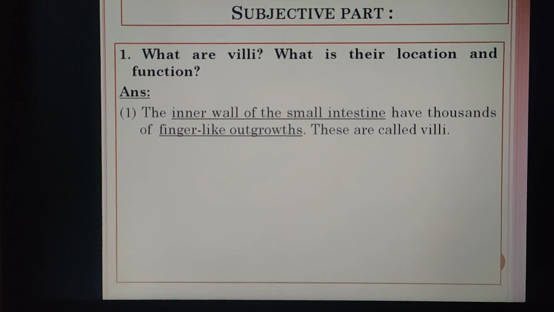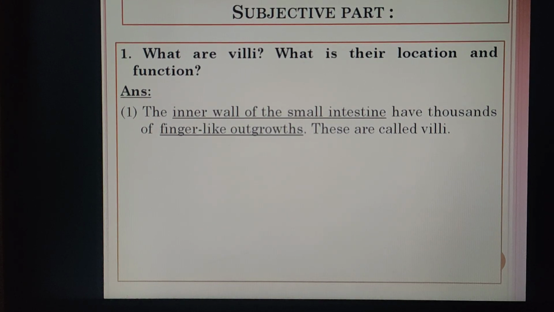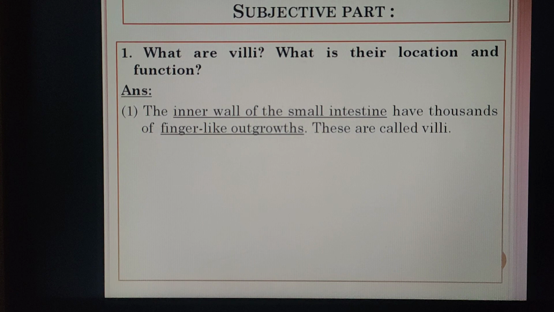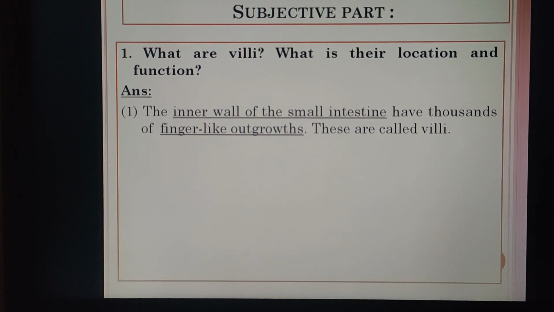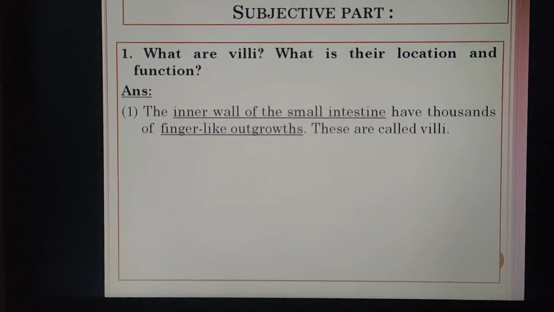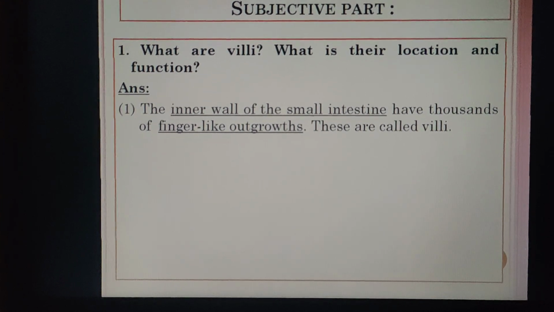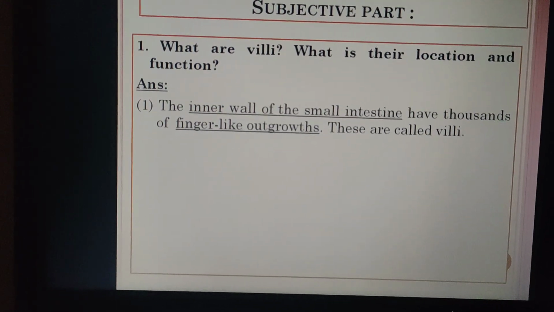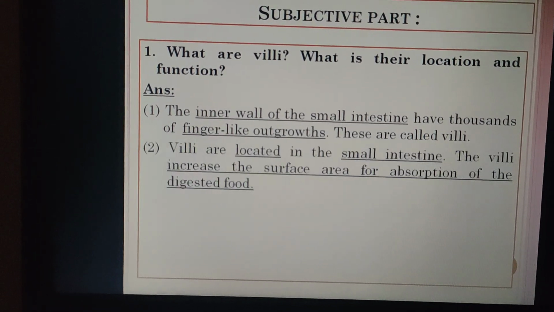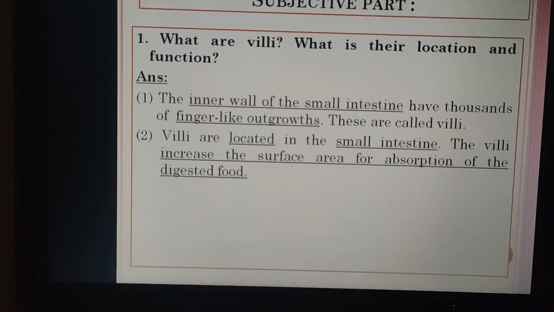So, what are villi? The inner wall of the small intestine has thousands of finger-like projections called villi. Actually, villi is a plural word. The singular form of villi is villus, V-I-L-L-U-S. The second question's answer, what is their location? Villi are located in the small intestine.